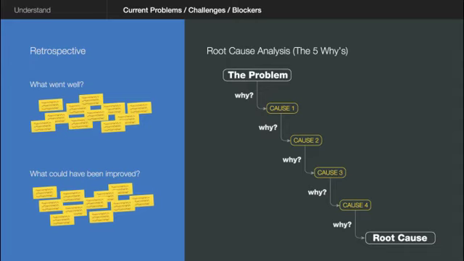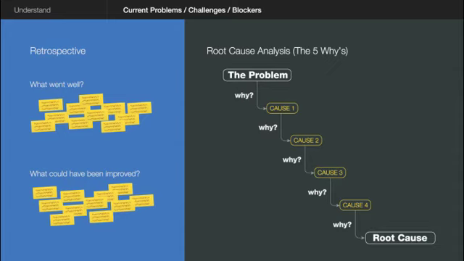It's important to take the number 1 problem and then do a root cause analysis, or the 5 whys as it's called, on this problem. This is a facilitated technique whereby the facilitator can work with the people in the workshop to ask the 5 whys. Why do we have this problem? Once you come up with that, you ask, so why do we have that problem?